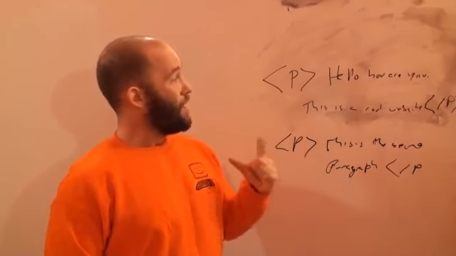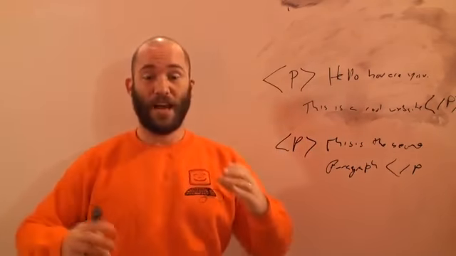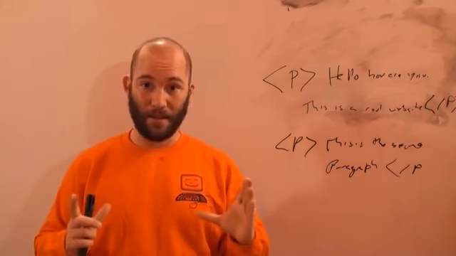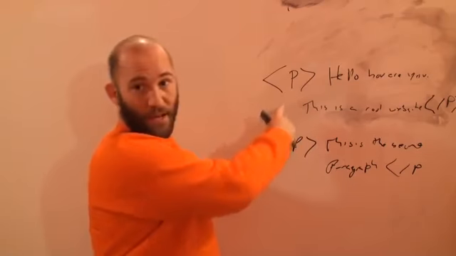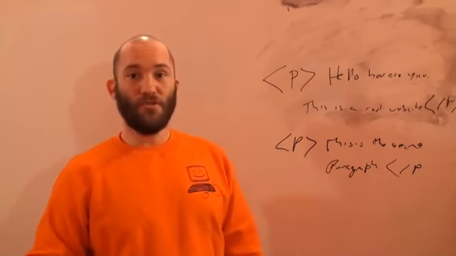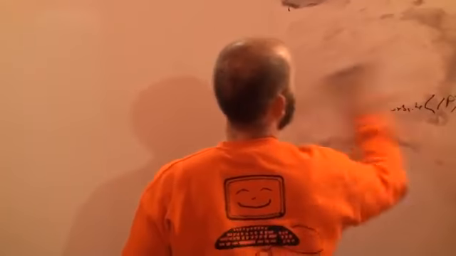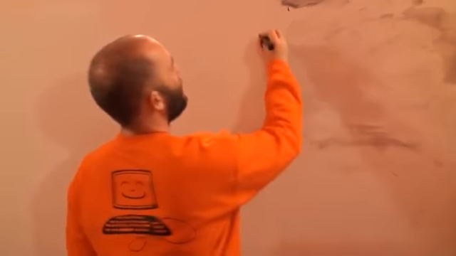Now, let's say you want to align your title in the middle. So you have the P or you have the H1, and you use something called align. Let's say you want to create an H1 title that's in the middle of the page. This is very simple.